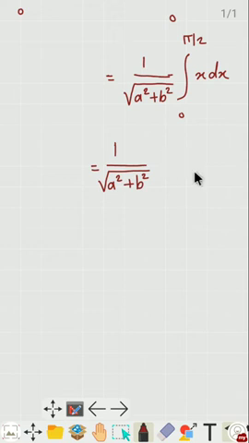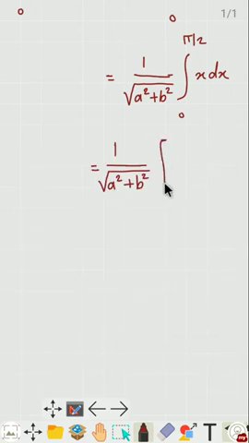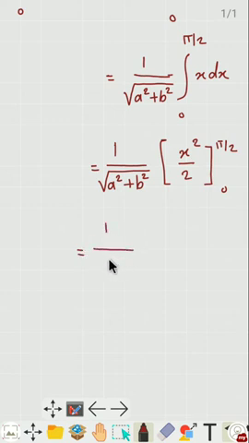Okay, and the integration of x is x square by 2 from 0 to pi by 2, it is equal to 1 divided by square root of a square plus b square, and for the upper limit what we have is pi by 2 square by 2.